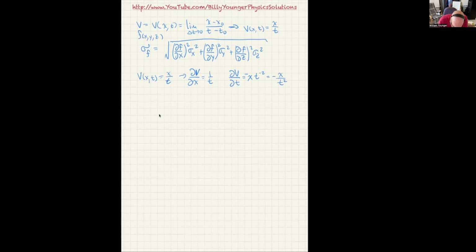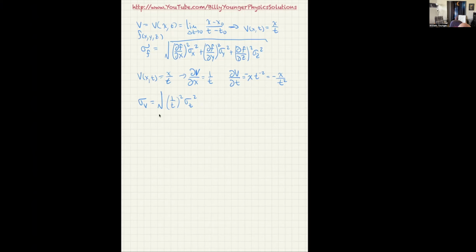So now our formula, sigma v, should be equal to the square root of 1 over t squared times sigma x squared. Excuse me, that one was x, sorry.